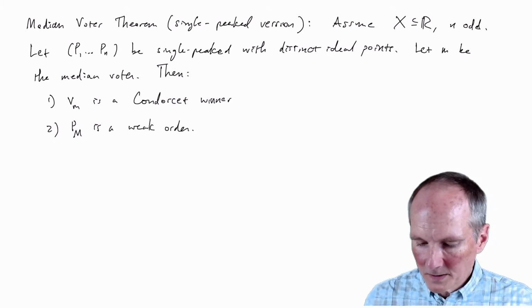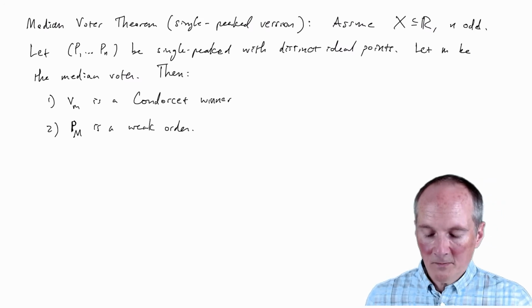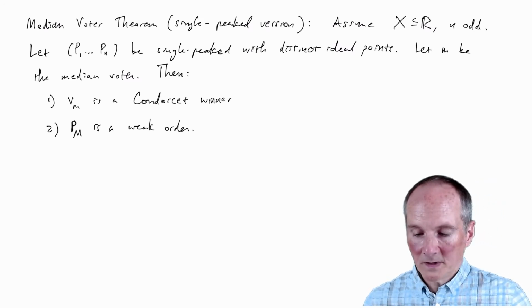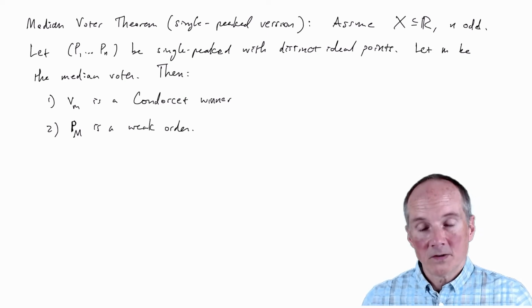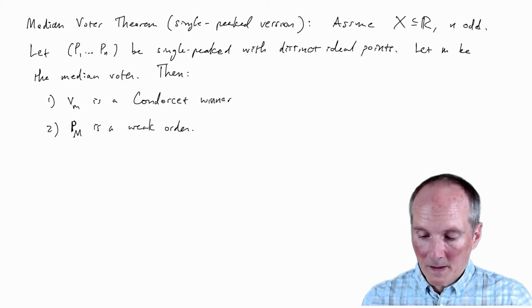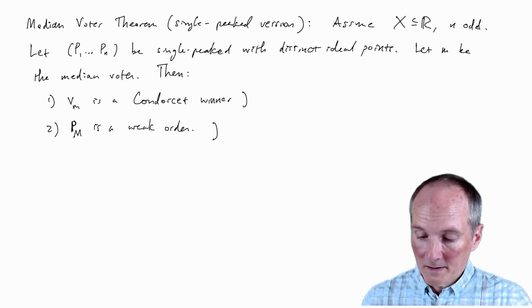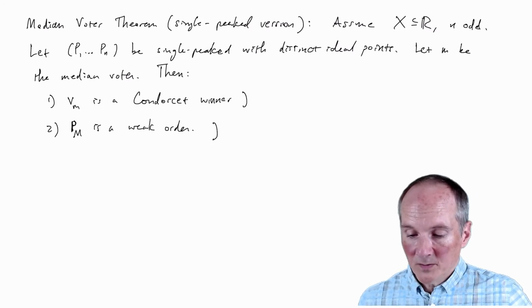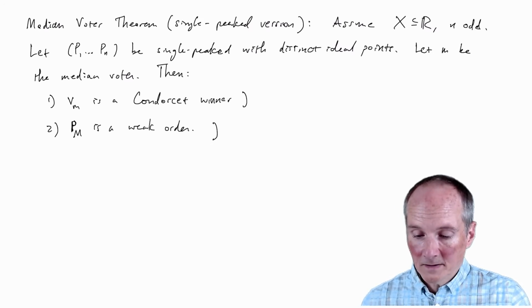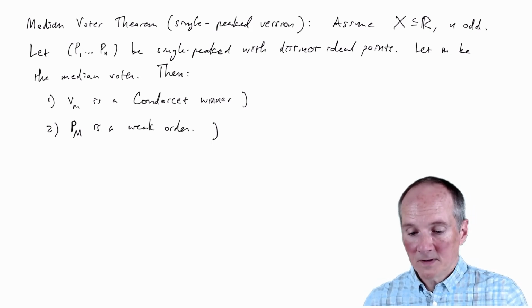Okay, so you know, we got both of these with the original median voter theorem where we assumed Euclidean preferences. These followed from the result. The median voter's ideal point was a Condorcet winner. The majority preference relation was a weak order, but there we were putting in more structure, and in fact, we showed that the majority preference relation was equal to the median voter's ranking.